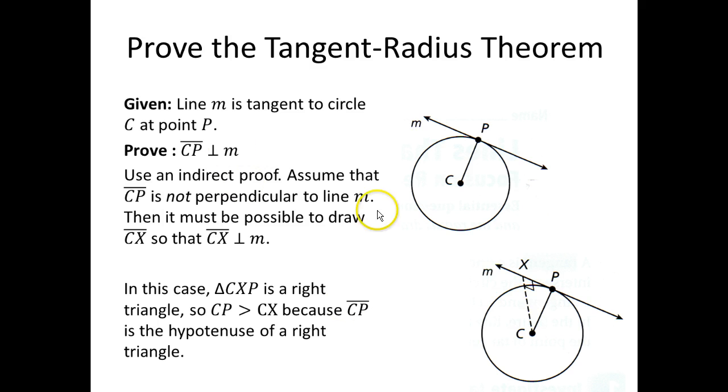Okay. So suppose we have such a line segment that forms this right angle with line M. Then CXP is going to be a right triangle. But in a right triangle, the hypotenuse is the longest length. Notice here that CP would be the hypotenuse of the right triangle CXP. So that means that CP, the hypotenuse, has to be longer than the leg of the right triangle.